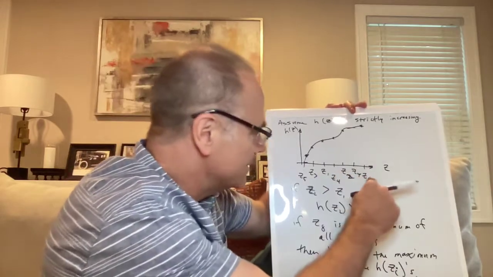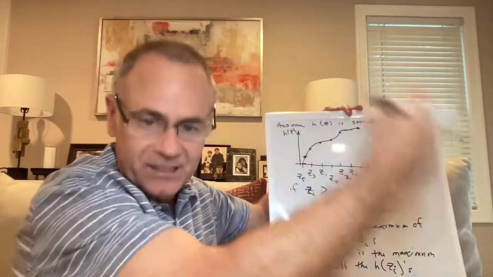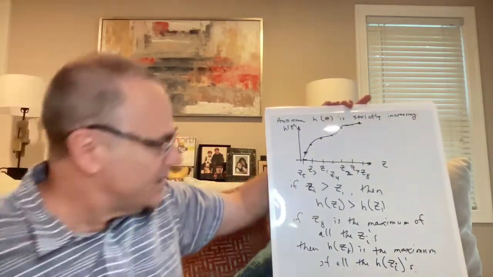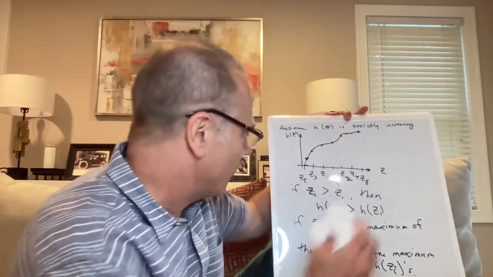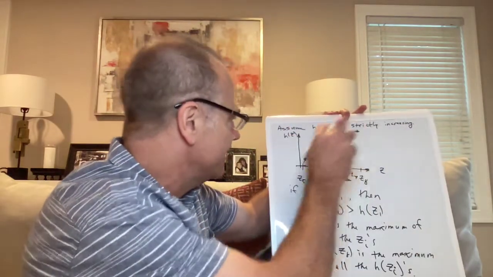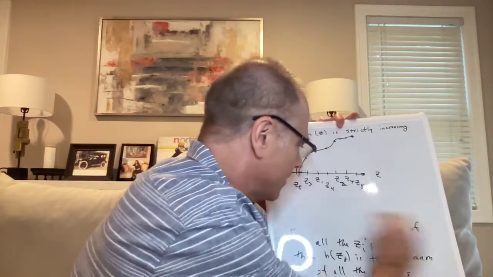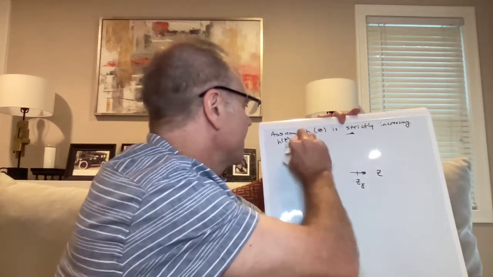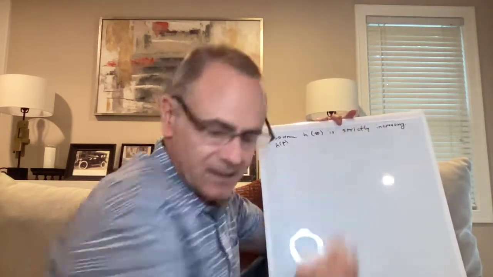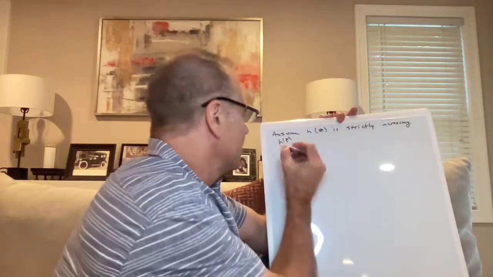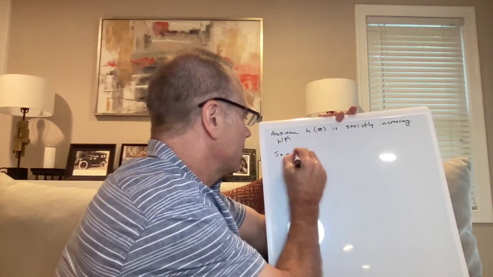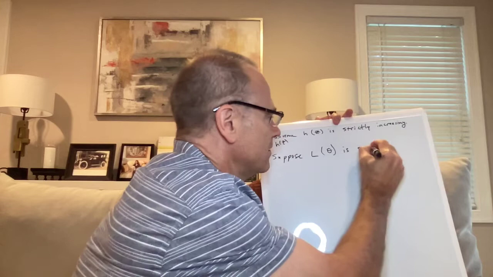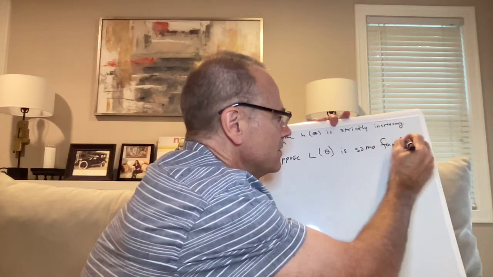If one z is bigger than all the rest, then h of that z will be bigger than all the rest. So what that means is the following. We have h of z strictly increasing. Now, suppose L of theta is some function.